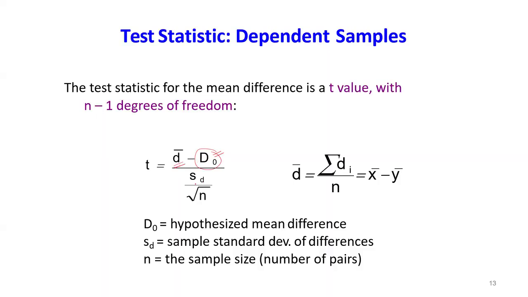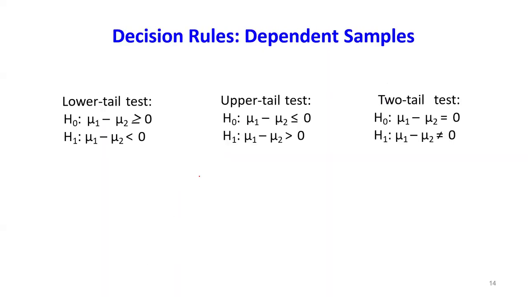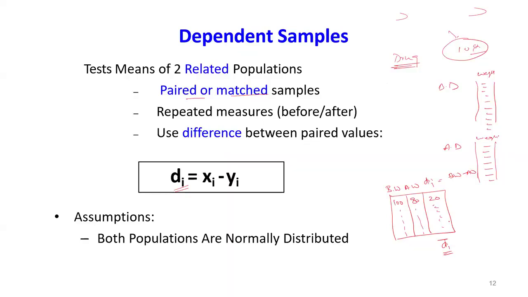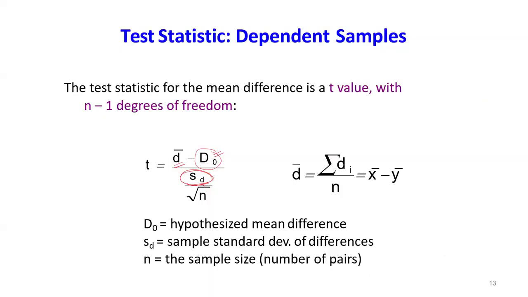And I will calculate the standard deviation of that particular difference column. So I'll calculate the mean and also the standard deviation. That would be my SD. And this SD by square root of n is known as standard error. We discussed this, right?